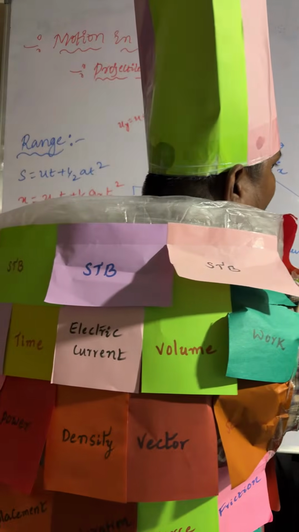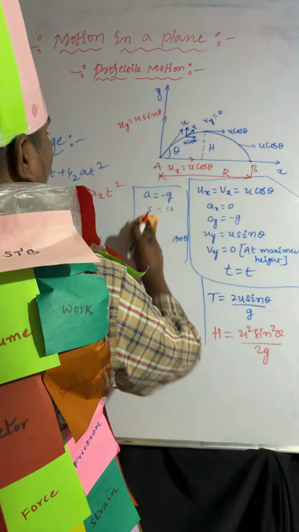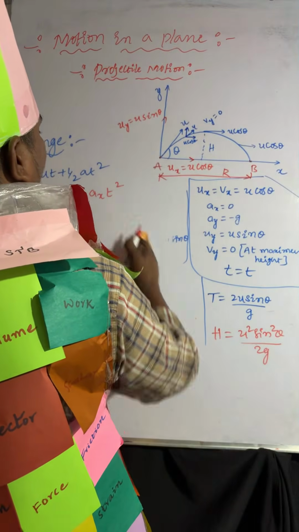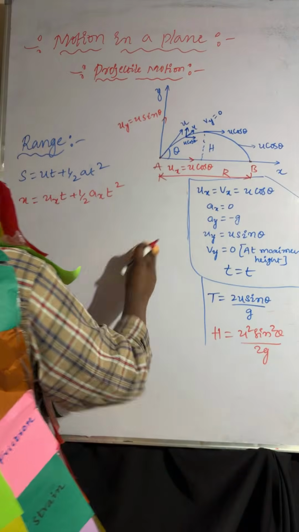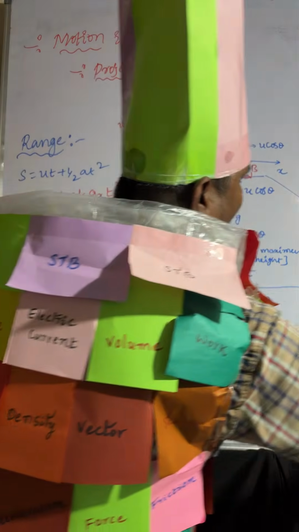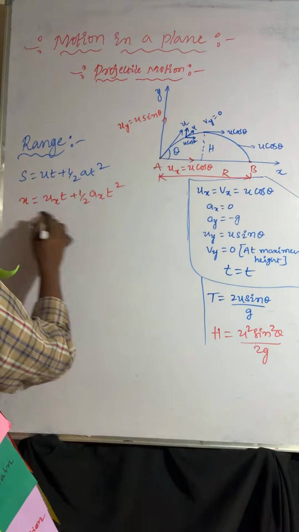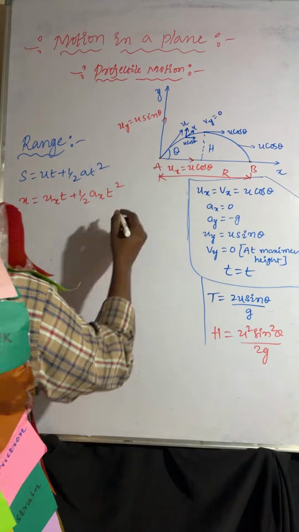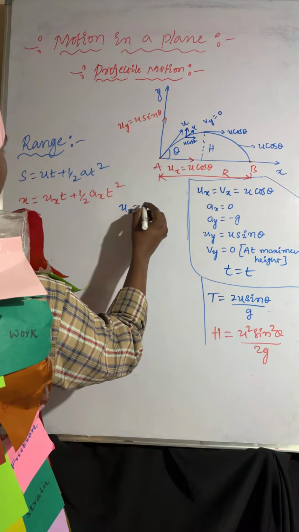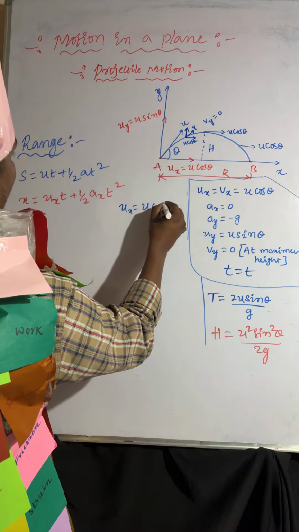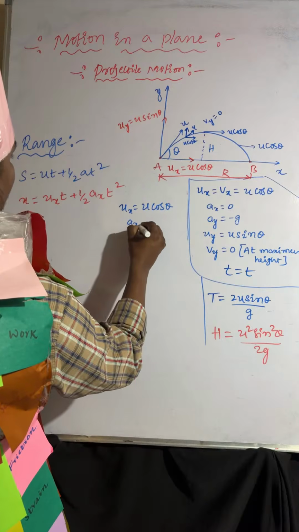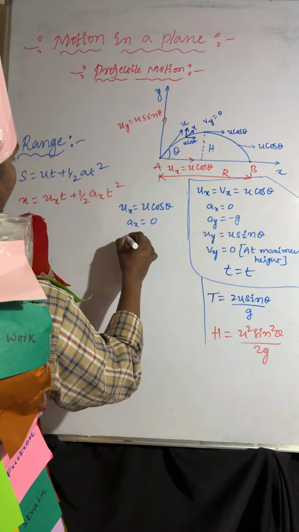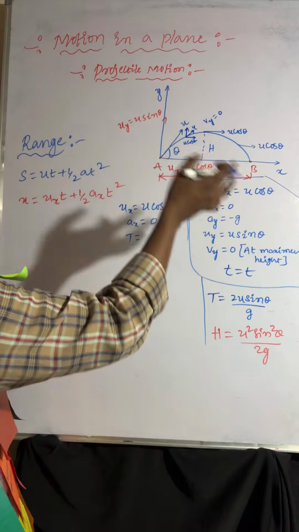This time along the horizontal direction. So here you have to substitute the values: ux equal to u cos theta and ax becomes 0.